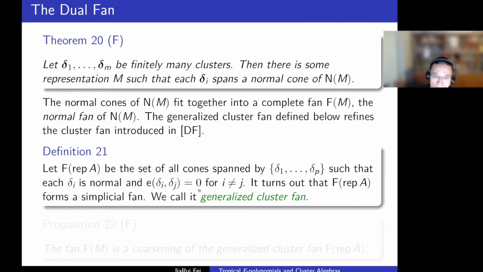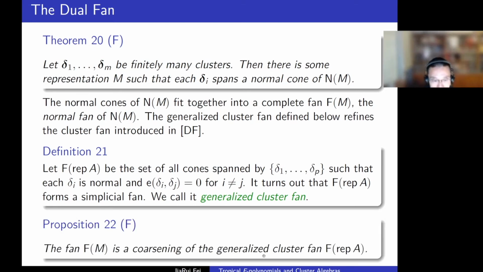So this is the only condition. It turns out that the generalized cluster fan is a certain refinement of the fan of the representation, I mean, the fan of the Newton polytope.